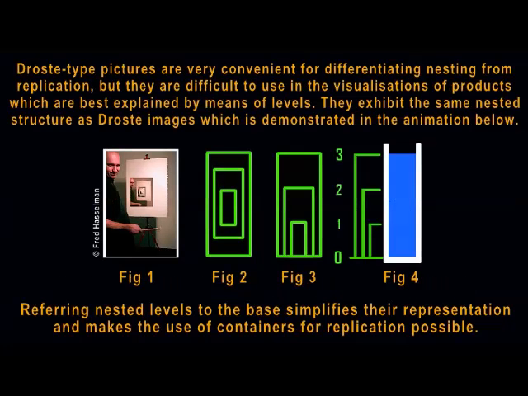The Droste-type pictures are very convenient for differentiating nesting from replication, but they are difficult to use in the visualizations of products, which are best explained by means of levels. They exhibit the same nested structure as the Droste images, which is demonstrated in the animation below. Referring nested levels to the base simplifies their representation and makes the use of containers for replication possible.